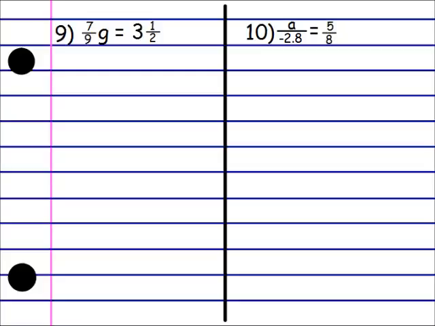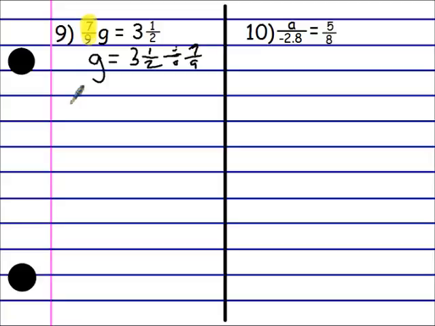So, example 9, 7/9 G equals 3 1/2. The number being multiplied by G, or the number on the same side of the equation as the variable, is 7/9. Highlight that and rewrite the equation without it. Now do the opposite math on the opposite side of the equation. So we're going to divide 3 1/2 by 7/9.